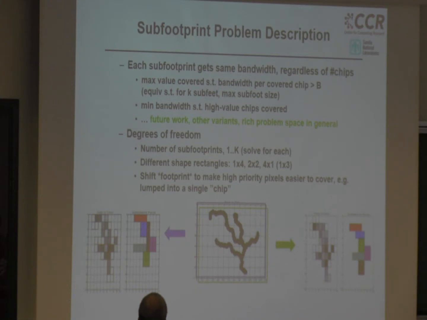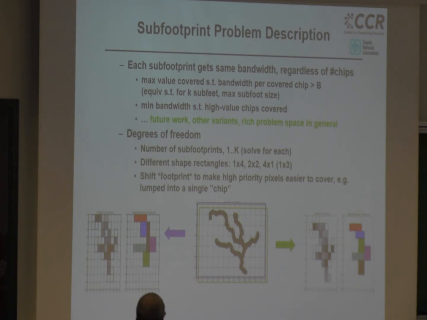The other thing is, remember we had a big collection of these photos, and you can move them around a few pixels one way or the other, and you might do that in order to concentrate more of the pixels into single chips, right? They might be easier to cover, or maybe that's not what you want to do because the geometric layout makes it difficult to cover by rectangles if you do it that way. So don't know for sure, but we can explore all these different shifts.